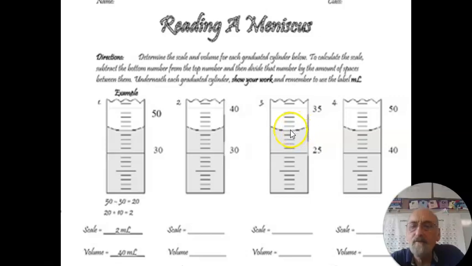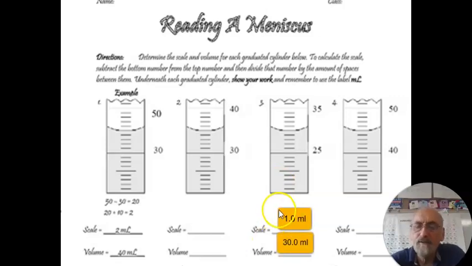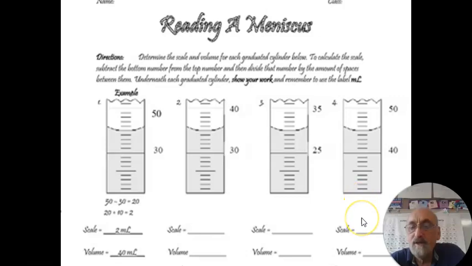That's right on the line, 30.0 milliliters. Don't forget the 0.0. Don't forget to put in the decimal places that we can estimate to. Same thing over here. These are all pretty simple for us. 40, 50. So of course that's going to be 45.0.